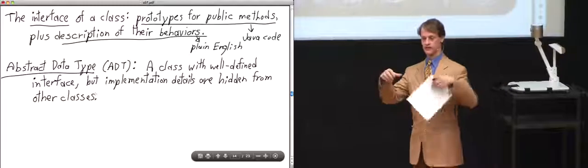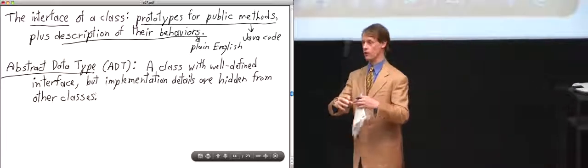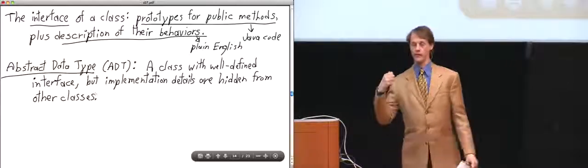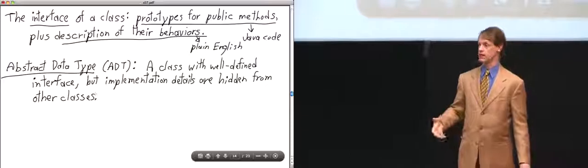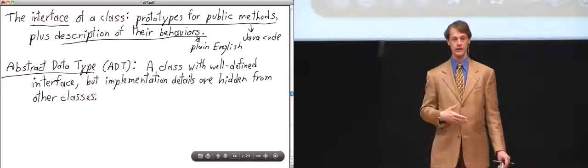In fact, I could be using array-based list code one day, and the next day I could replace it with linked list code, and the person who's using my lists would never know that I had changed from one data structure to another.